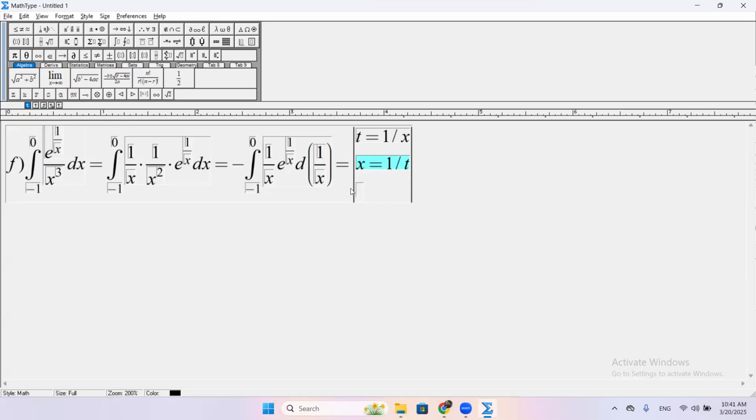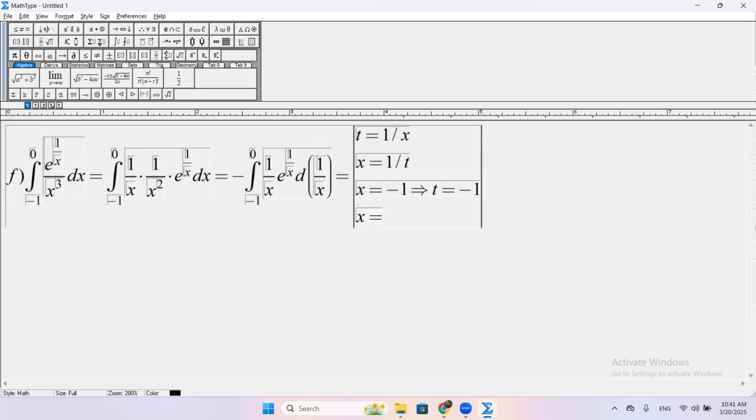So x equals 1 over t, so when x equals minus 1, t equals minus 1 as well. When x equals 0, t approaches minus infinity.